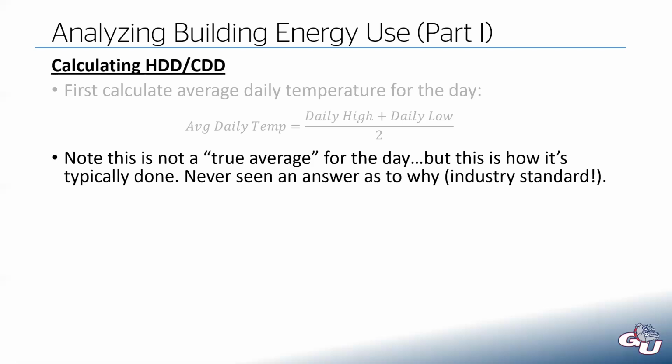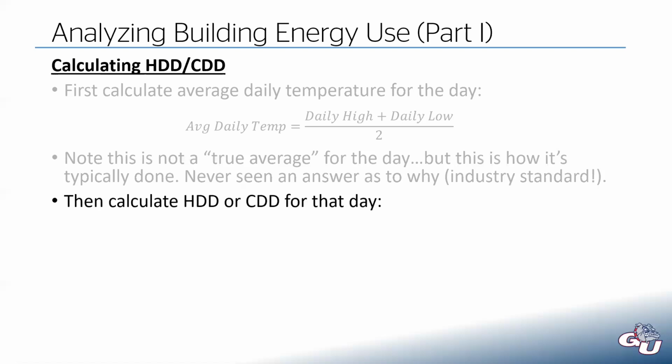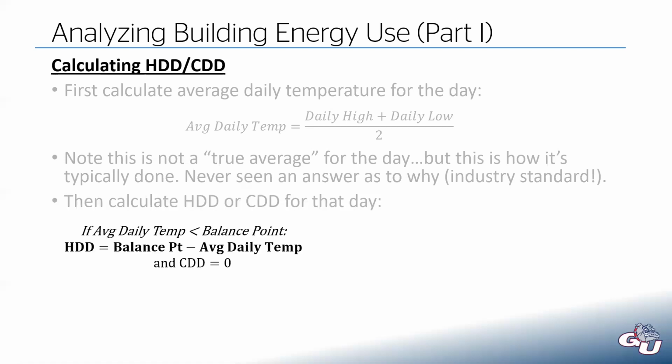Once you have your average daily temperature, we need to calculate the heating or cooling degree days for that day. If you find that your average daily temperature is below the balance point, that tells you we needed to run our heating systems that day.